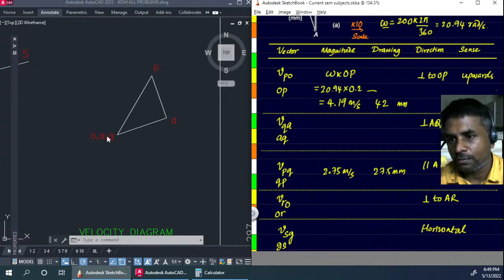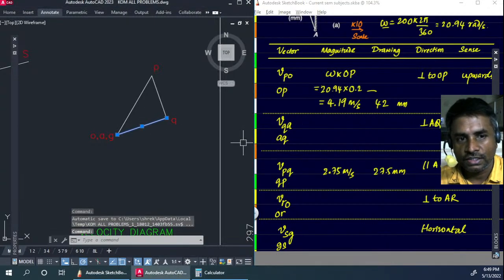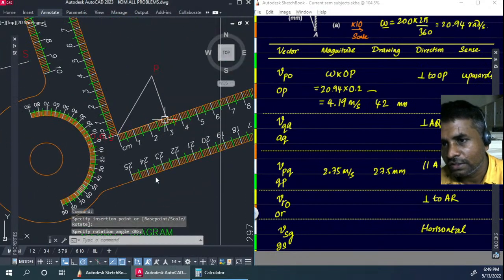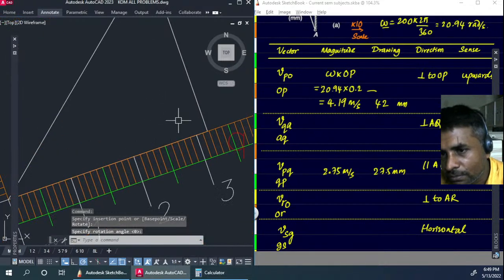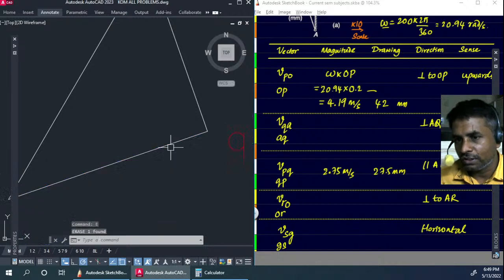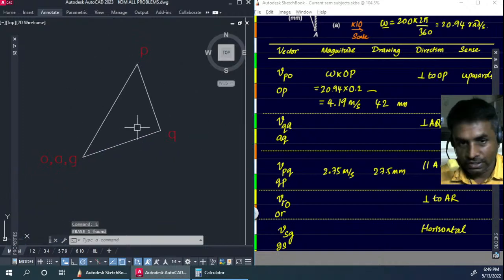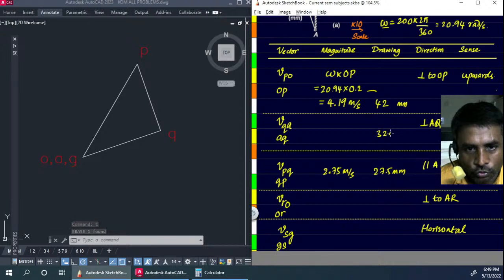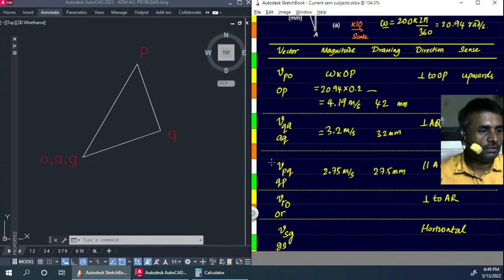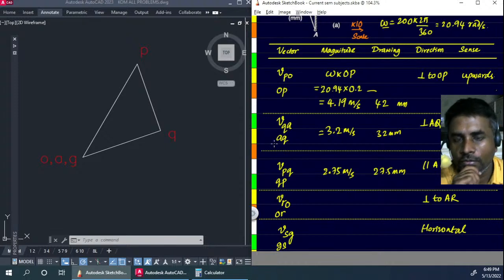Velocity of Q with respect to A will be represented by this length. Let's go ahead and measure that. I'm going to keep it in this direction, and that's coming out almost 31, 32, so almost 32. So we're going to take it as 32 mm. Once again, when you convert it back, we divide it by 10. So we get 3.2 meters per second. So that's the velocity of Q with respect to A.